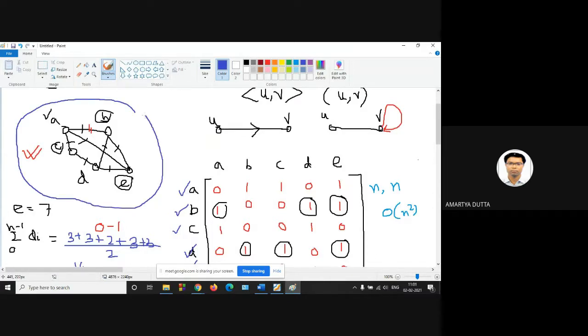A spanning tree of this graph means you have to cover all the vertices, but with a minimum number of edges.